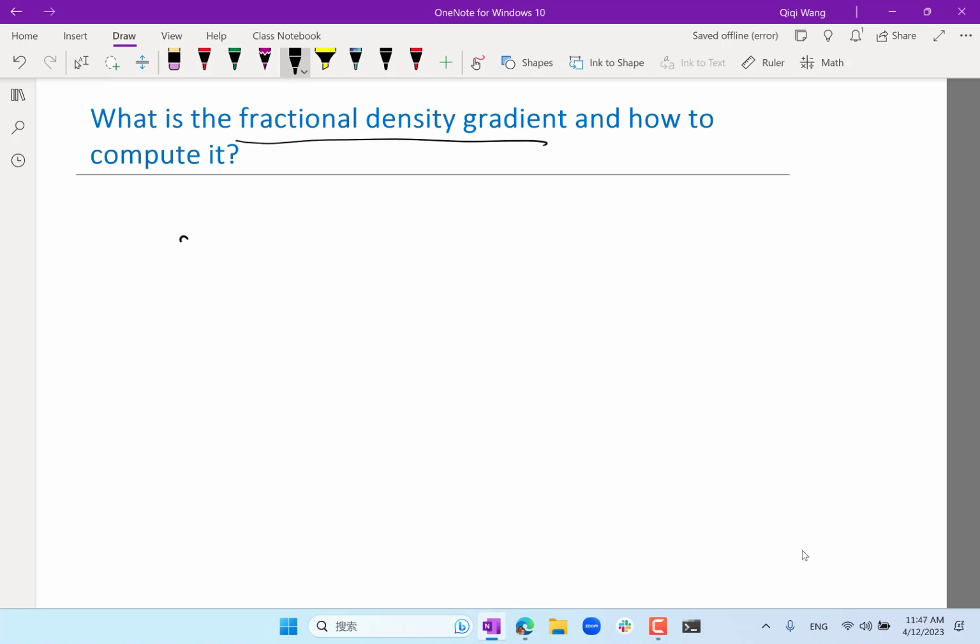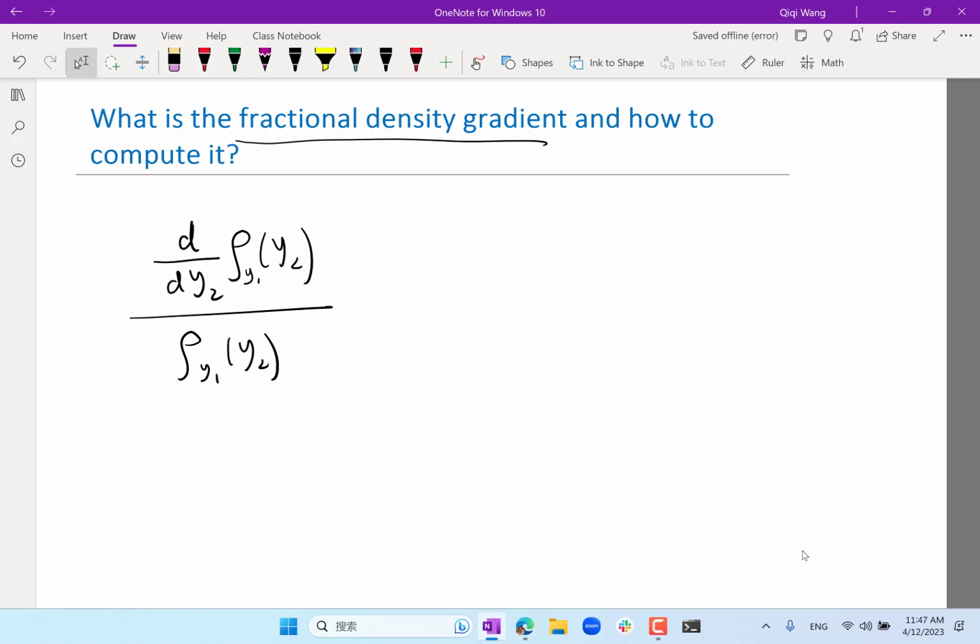So it is the derivative in the unstable direction of rho conditioned on y1, y2 over rho conditioned on y1, y2. It is the derivative of something divided by that something itself. What does that mean? This kind of ratio, the ratio of a derivative of a function over the function itself, is usually called a fractional derivative.